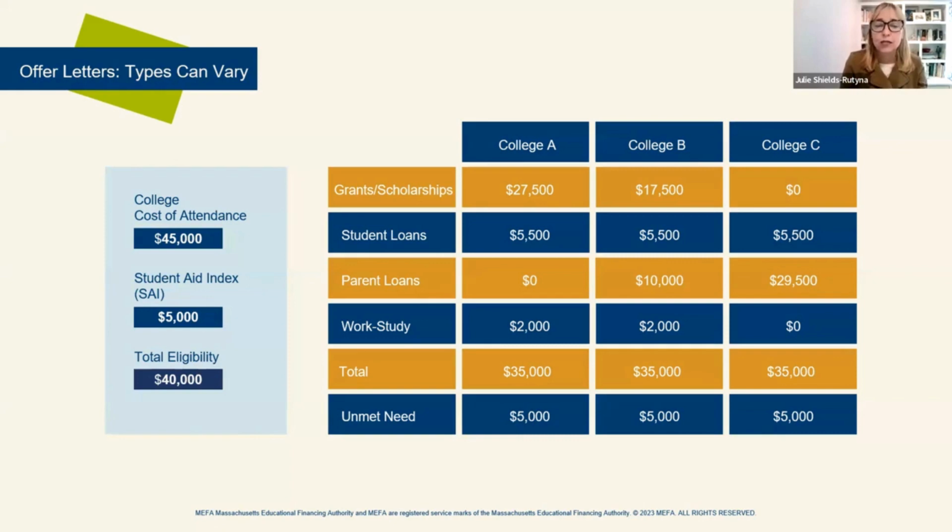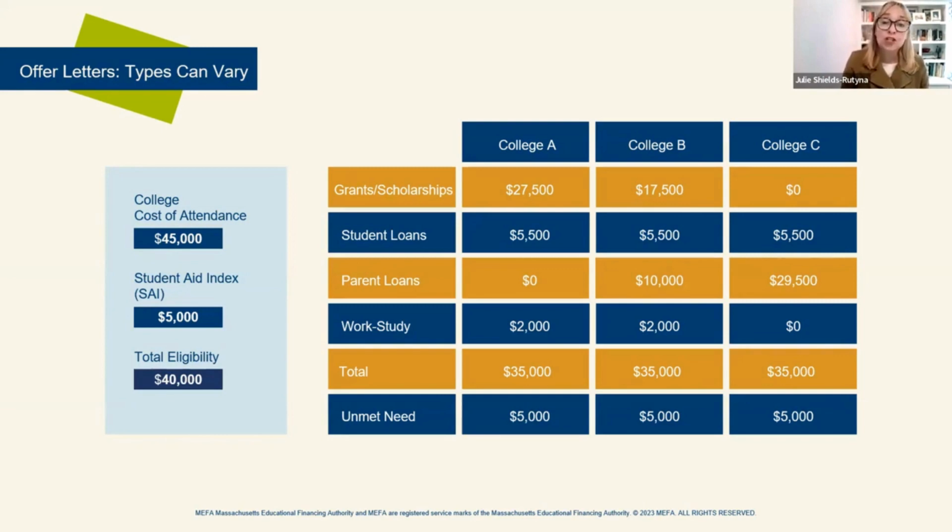If you look more closely, you'll see that two of the colleges put something called a parent loan in that aid offer. That is not financial aid. And I probably don't have to tell you that, but that's something that's available to you if you would like to choose to take a parent loan, but that should not be in the aid offer. That should be separated out, because you want to compare apples to apples here.